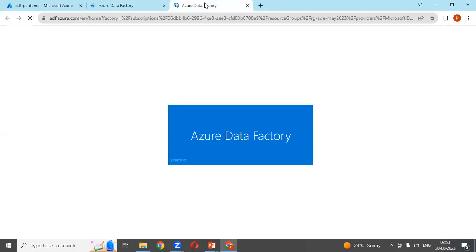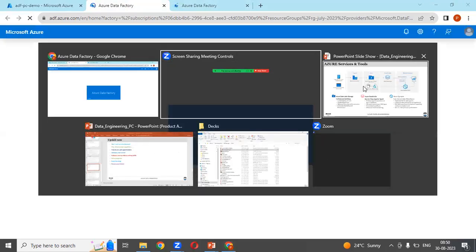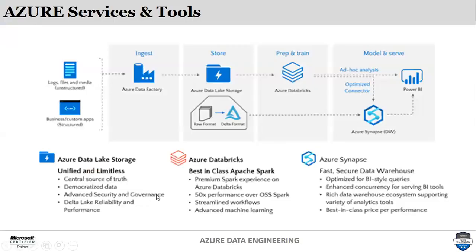Looks like there is a connectivity issue. It doesn't usually take much time. Not sure why it's taking so long today. I'll showcase that after it opens. Meanwhile, let's get back to our slide.